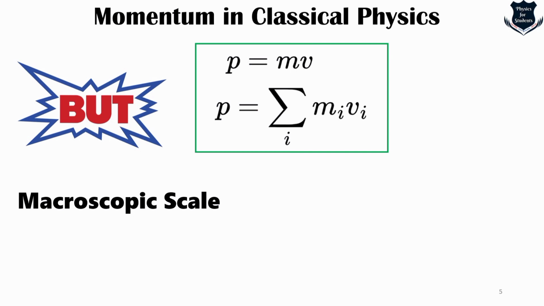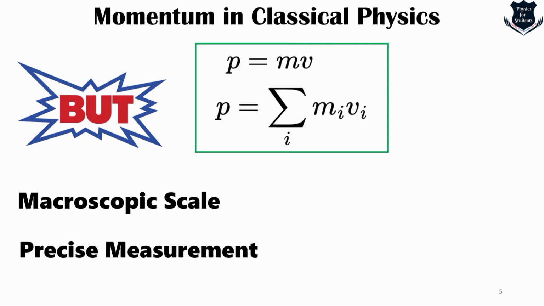When we are dealing with macroscopic objects, things are quite clear, things are quite deterministic. Also we have a precise measurement concept. That means given certain position, given certain conditions in Newtonian classical mechanics, we can precisely measure where the particular ball or particle is.